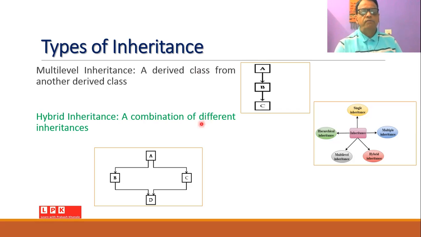For example, if I have a base class A from which B and C are derived classes, and from B and C I derive another class D, then such inheritance is called hybrid inheritance. In Python, all such different types of inheritance can be achieved through programming. So depending upon the programming situation, you need to decide what type of inheritance you will be using within your program.